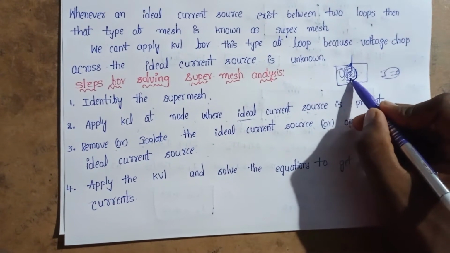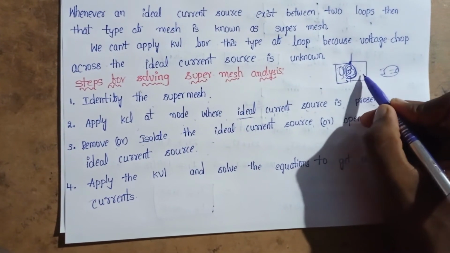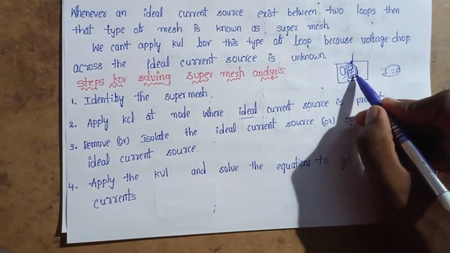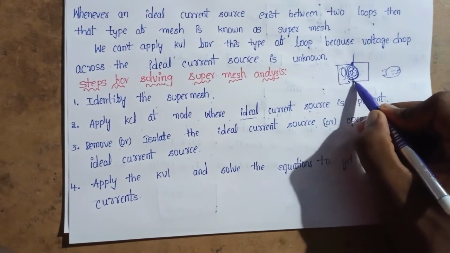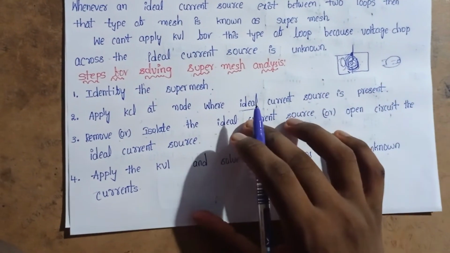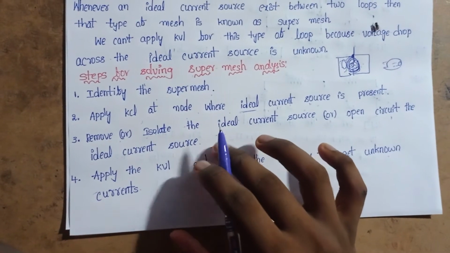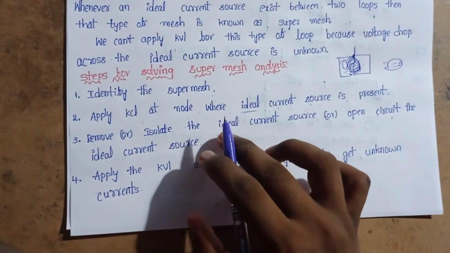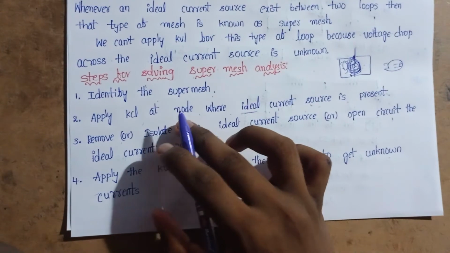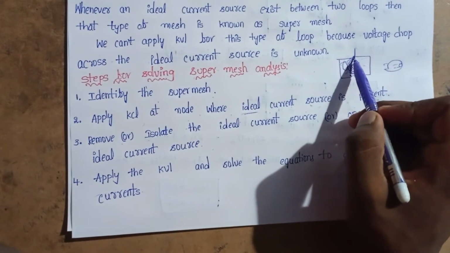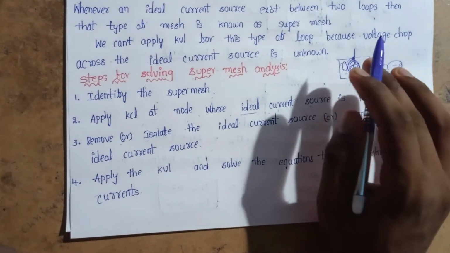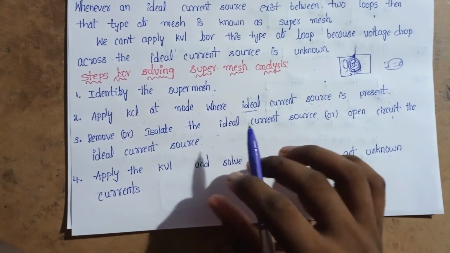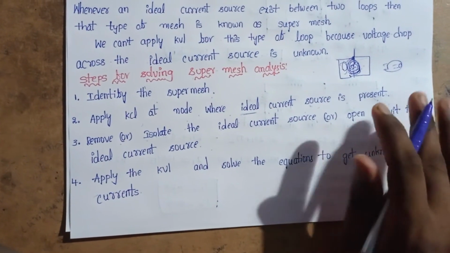If I remove this current source, then the current here is zero, meaning this is an open circuit. After applying KCL at the node where the ideal current source is present, we have to remove that ideal current source.